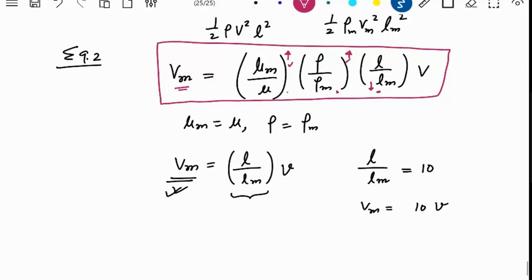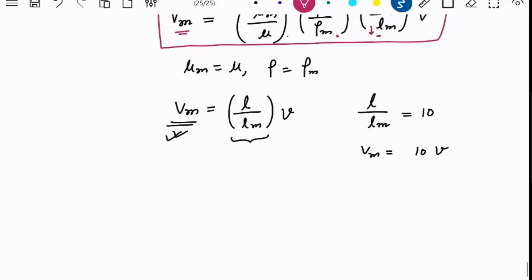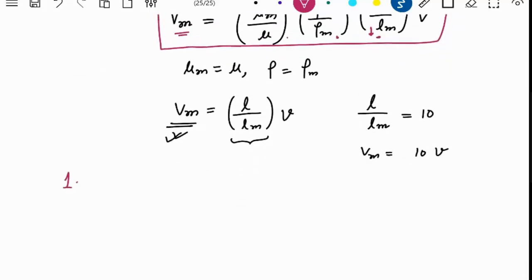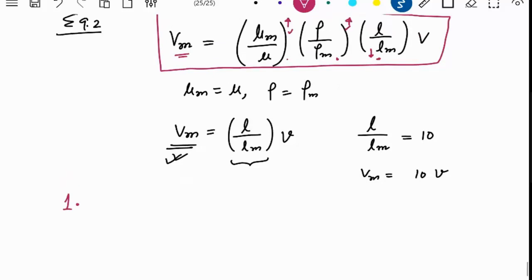So if you want to have a very small scale model, what you can do is increase the viscosity ratio. This means you have to take a different kind of liquid.